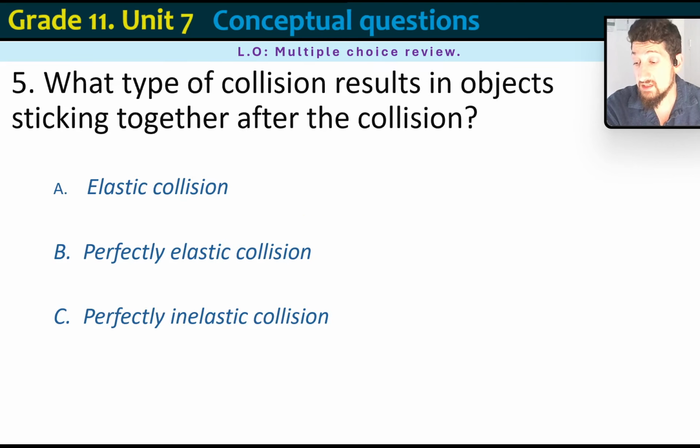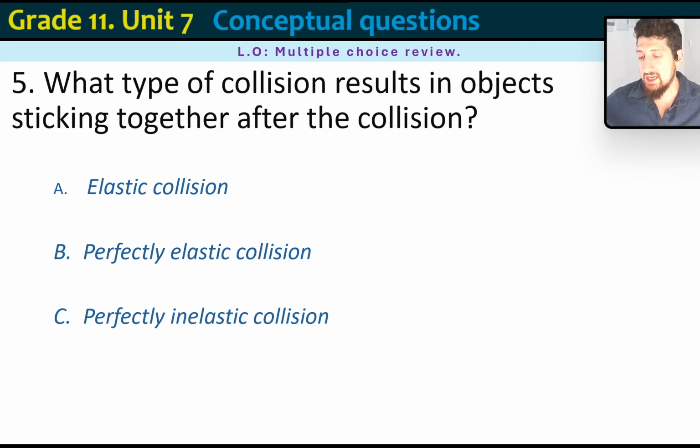What type of collision results in objects sticking together after the collision? So in an elastic collision, the objects bounce off each other, but there are some losses in kinetic energy. They both have their own speeds, they collide, and of course you hear the sound. So some of the energy is lost as sound, some as heat, some as thermal energy, which is heat.